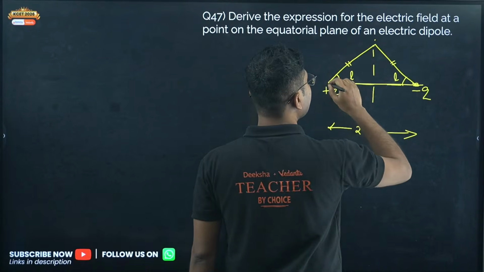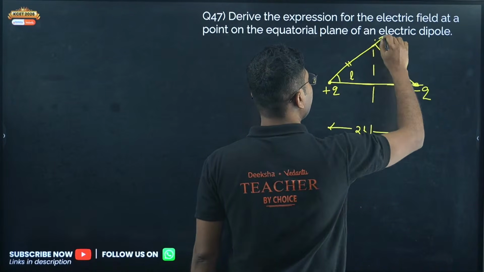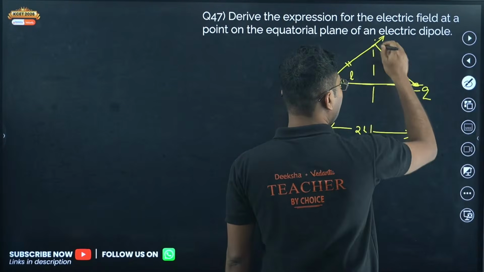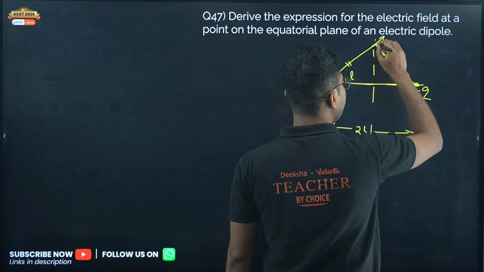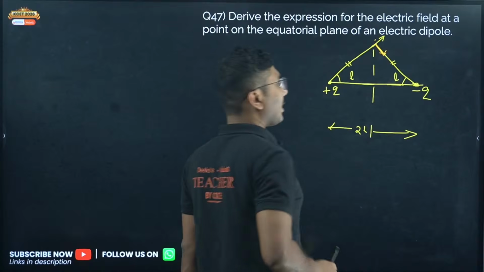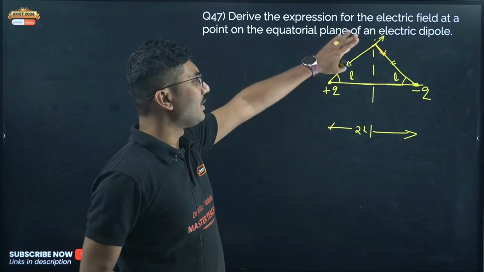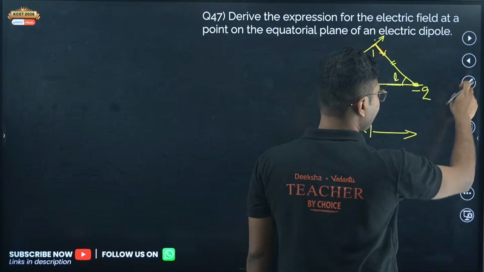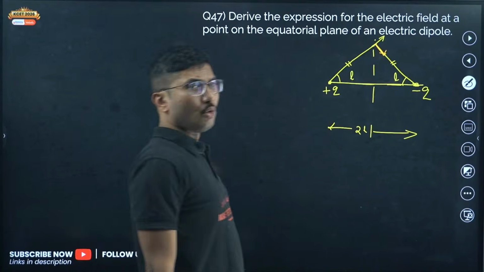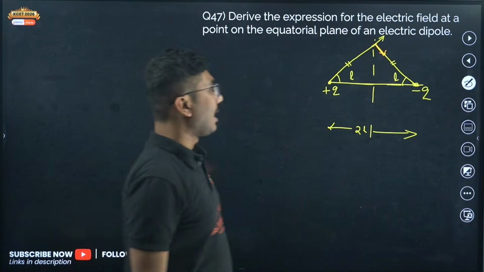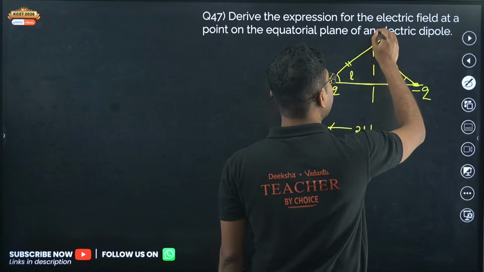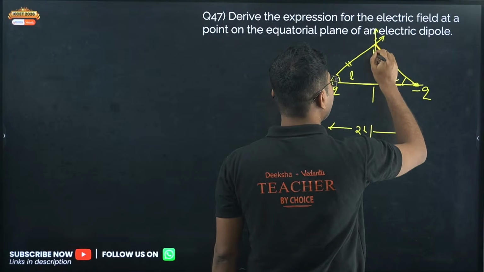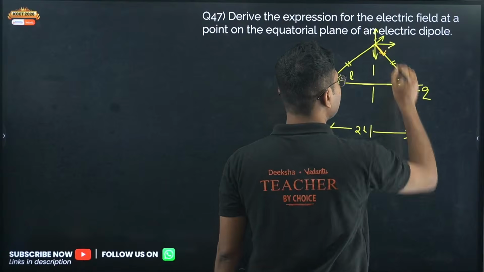Now if you consider the electric field due to this positive charge, it will be in this direction. The electric field due to this charge will be in this direction. So E plus and E minus are in completely different directions. There are two ways to do that. The easiest way is to take the components: the y component will cancel, the x components will add up.